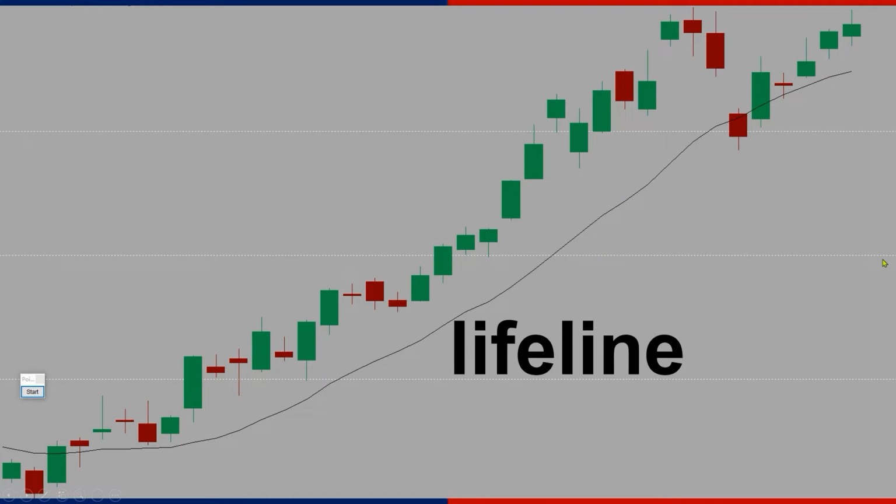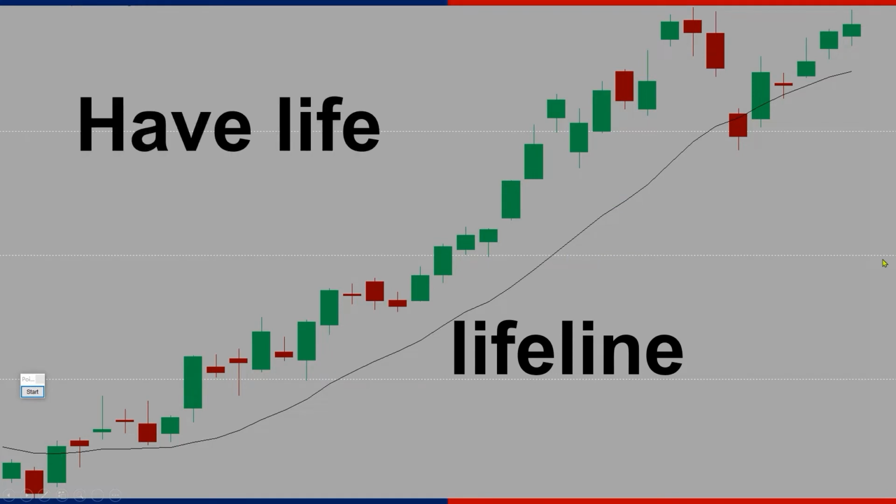You see here, if the candlestick is above and this lifeline turns up, it means this stock has life. It will continue bullish up, so no need to worry. You just hold for the mid long term and wait for more profits.